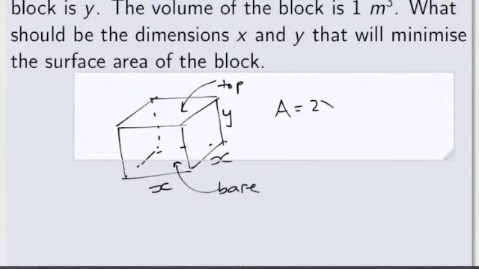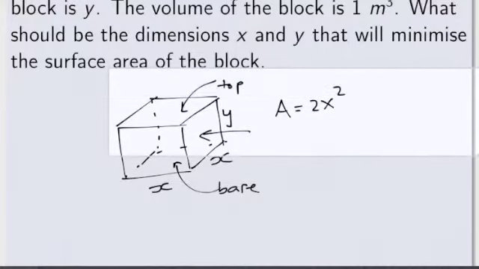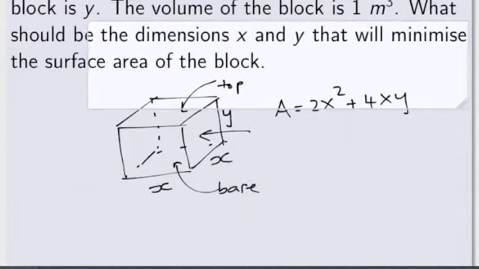The area of those two sides is 2x squared, and on the sides the area is xy and there are 4 sides, so the surface area on the sides is 4xy. So we've written the surface area A in terms of the given dimensions x and y.